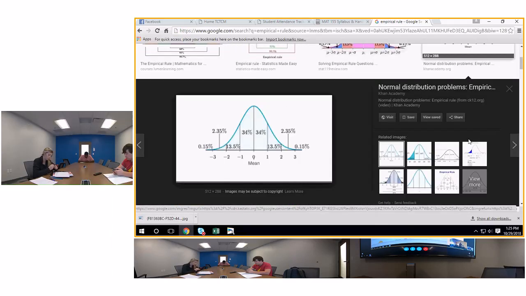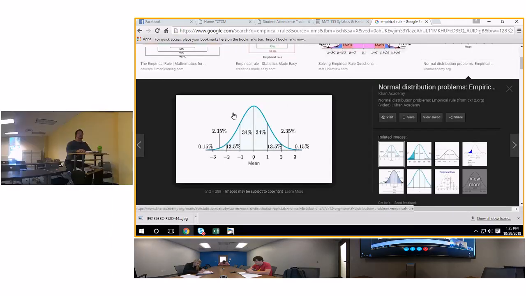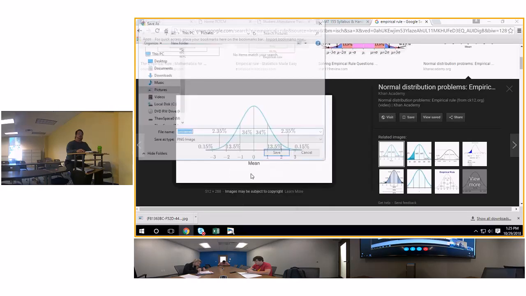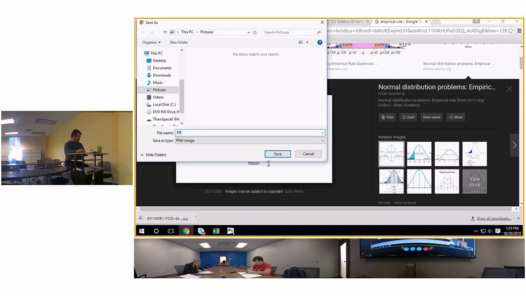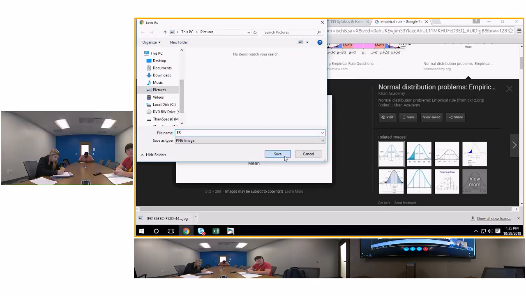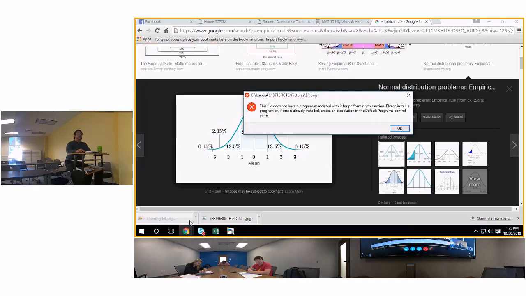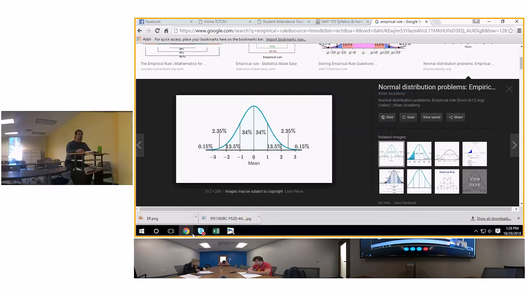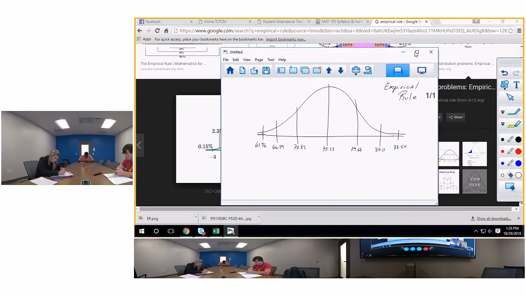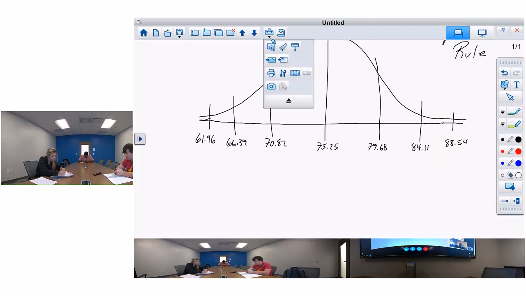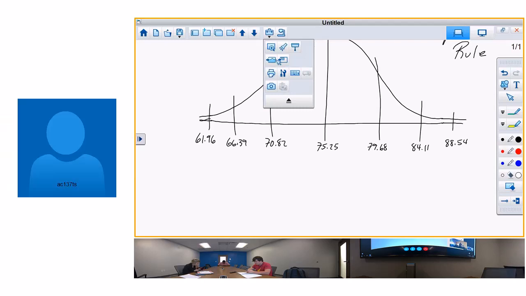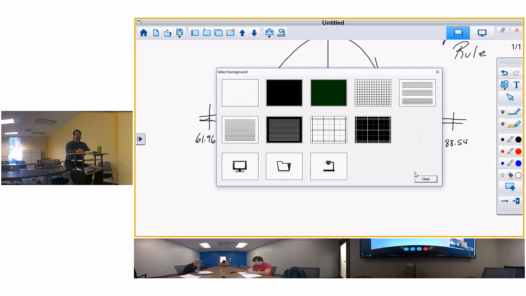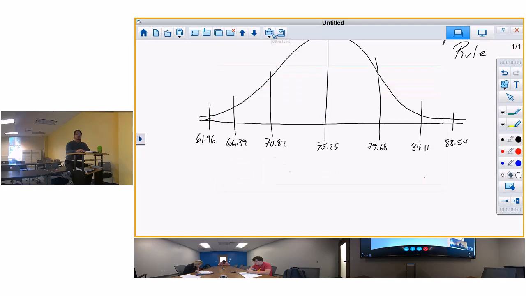I can bring it in on the whiteboard. Save image. This pisses me off when it does this.